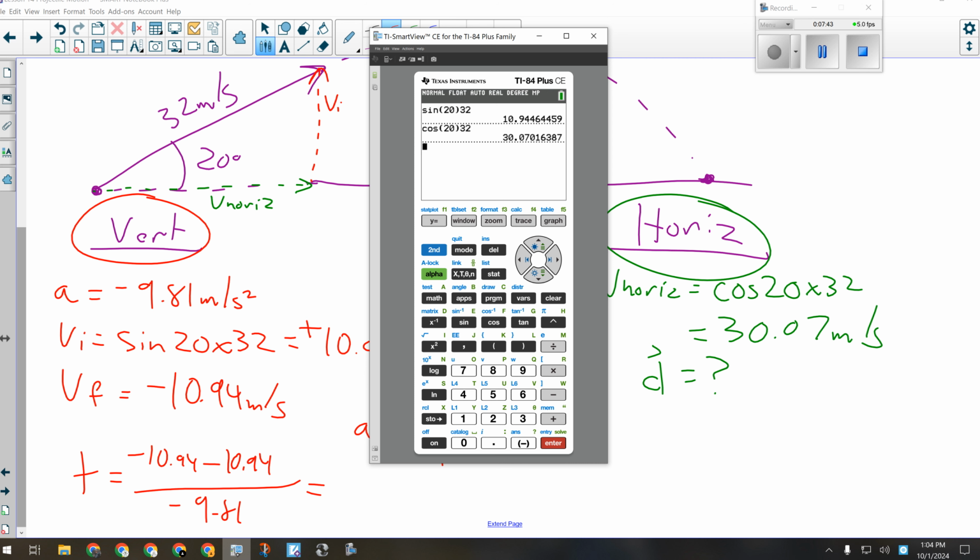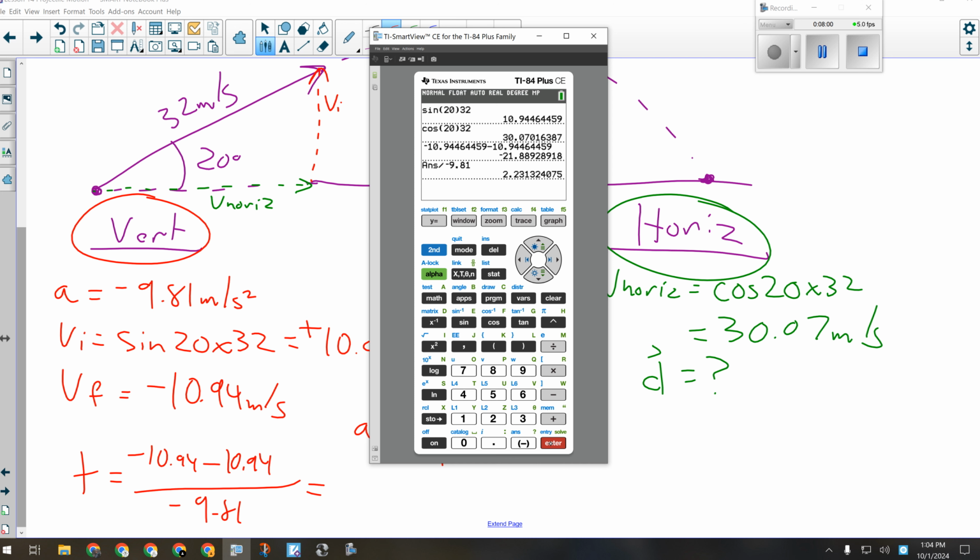So if I go negative, this number, and then subtract that number again, I get that, and then I divide that by negative 9.81.